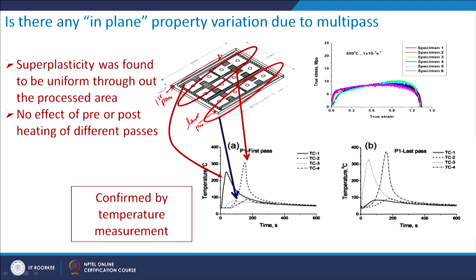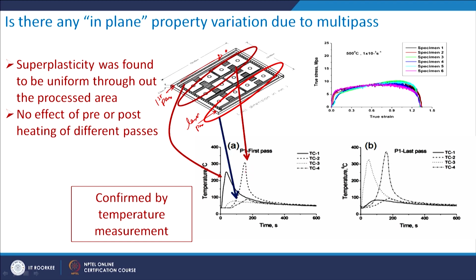The temperature goes up to around 250 degrees Celsius. Of course, we are measuring the temperature away from the stir zone; I cannot measure in the stir zone. So, there it is around 250 degrees Celsius, and then it quickly comes down to room temperature in around 200 seconds. The next thermocouple, placed somewhere here, measures a temperature rise of 300 degrees Celsius, and then again comes down in a very short time.